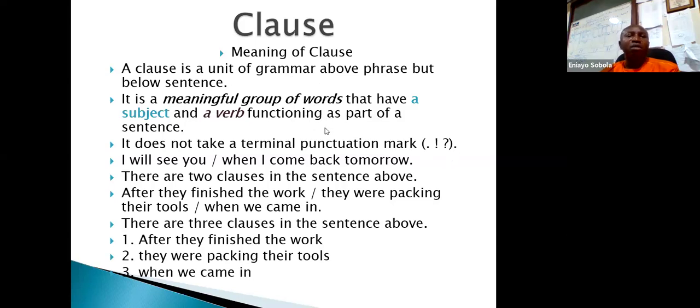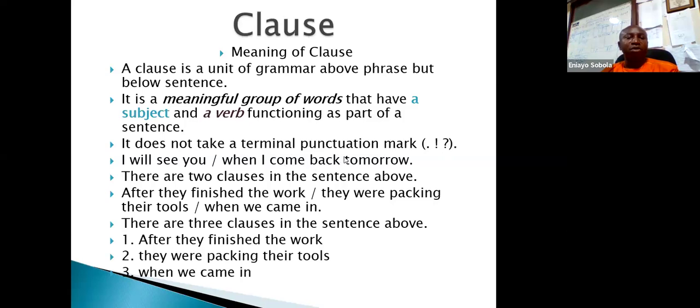Then why do we call a clause part of a sentence? The issue is that a clause does not have a terminal punctuation mark, such as full stop, exclamation, or question mark. Like in this sentence example, we have: I will see you when I come back tomorrow.